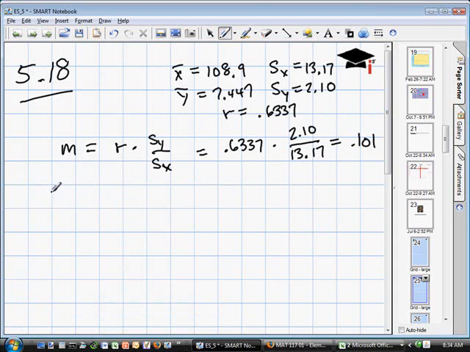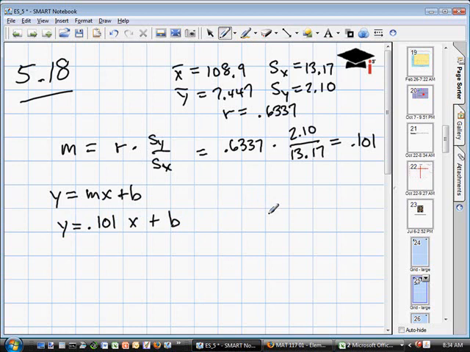Now that we know our slope, and we know we're aiming for that form, we can plug our m in, and all we need to calculate is b, and we got it. Now, don't we need to substitute in a point?